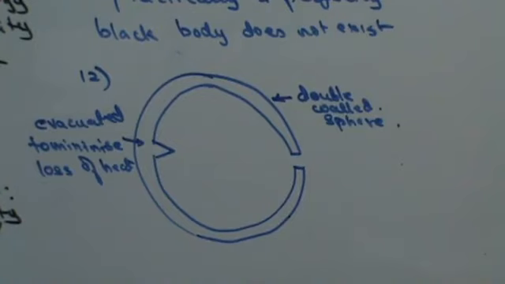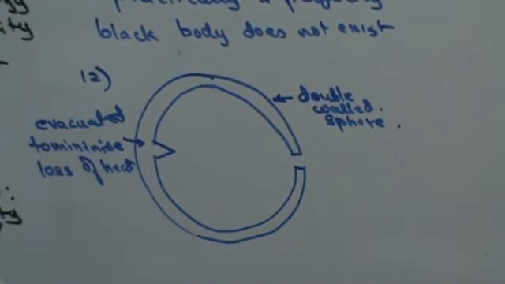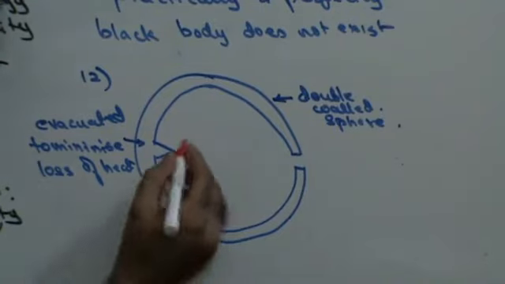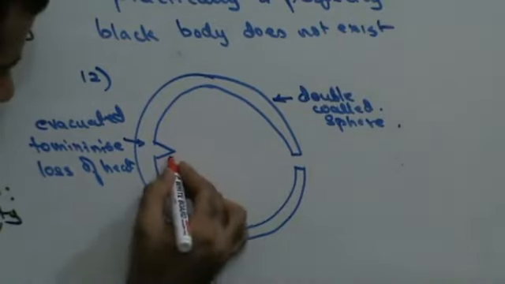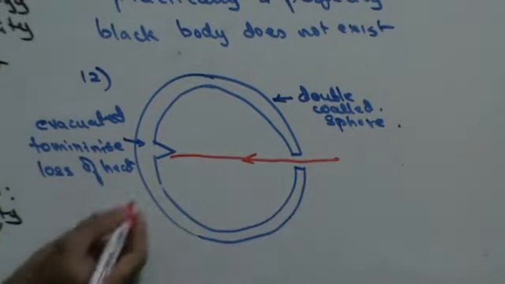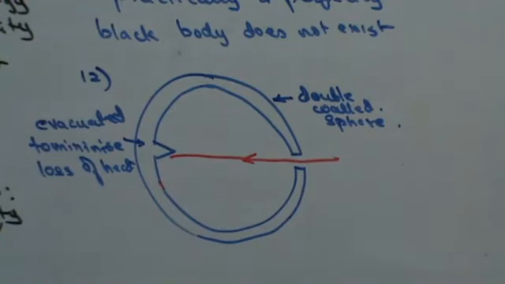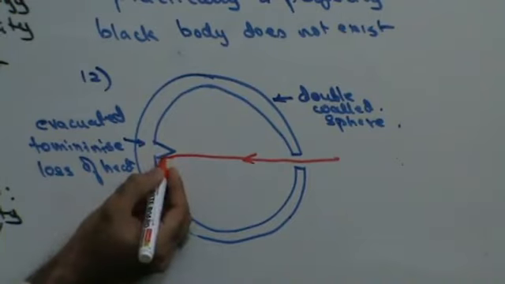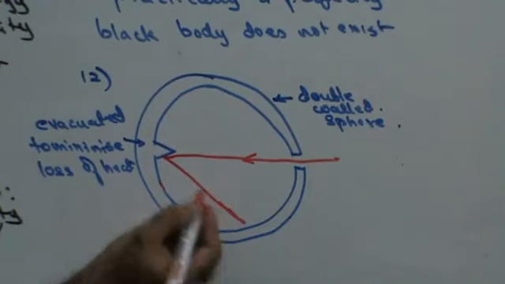Now let us see what happens to light when it enters through this hole. Let's assume I show you light with, say, red color. As light energy gets incident on it, it will hit the conical projection, and since it is going to hit at an angle, it is going to get reflected.